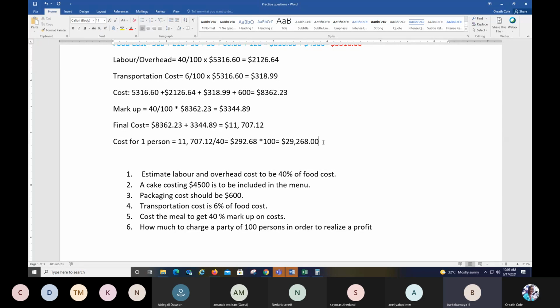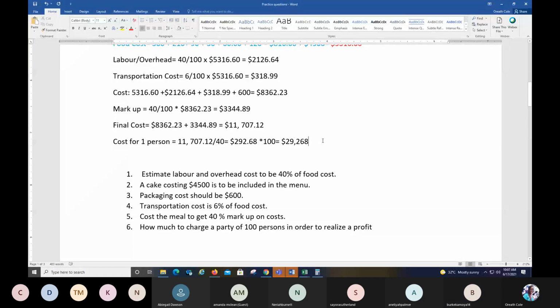You never put the point. Just add the comma. So tell me, for the party I get charged $29,268. I don't know where you get $2 billion from. All right, so the cost for one person and then the cost for 100.